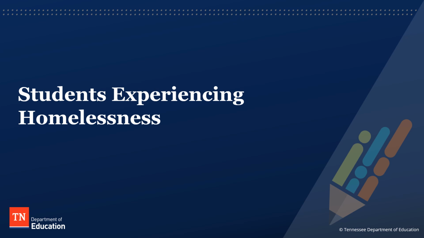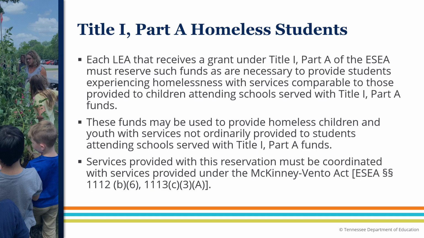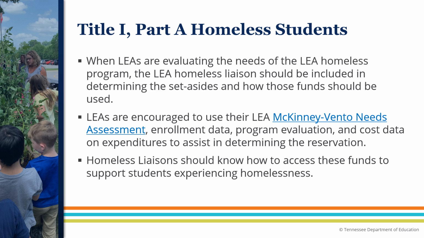Students experiencing homelessness. The intent of Title I Part A homeless students is to make sure that the LEA reserves enough funds that students experiencing homelessness can have extra supports. And so what you need to do is look at the needs assessment and what the homeless student population needs and what can be allowable within that set-aside.